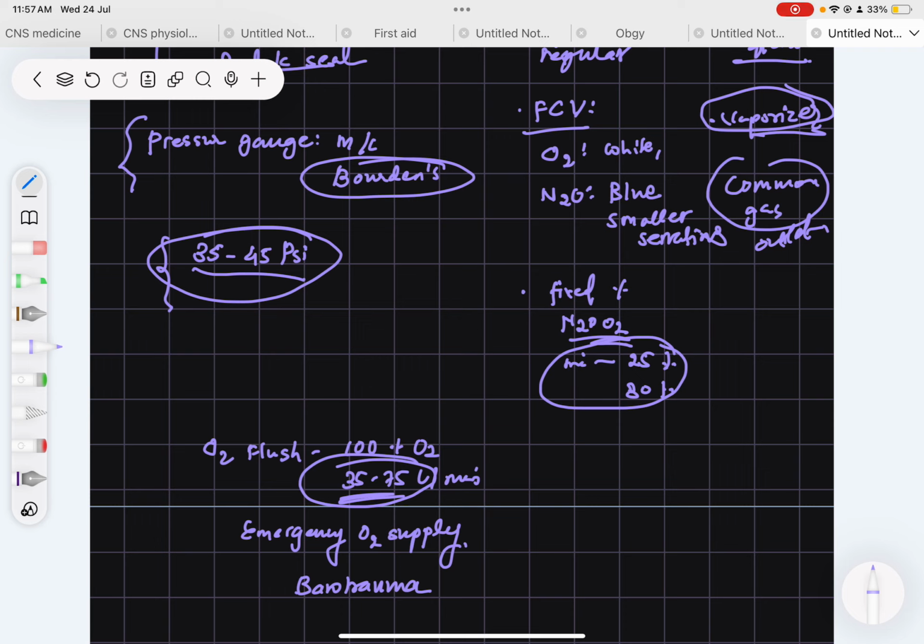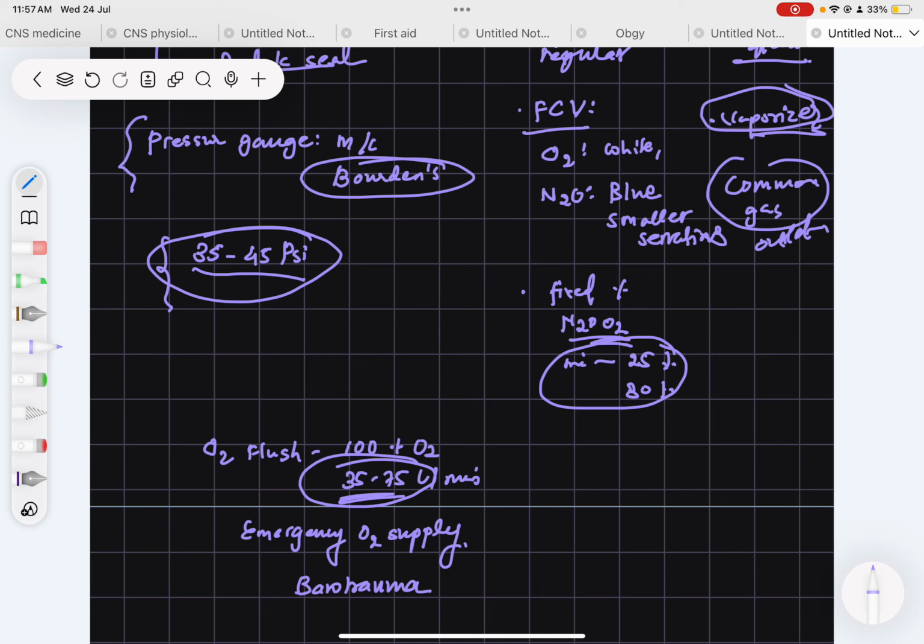So all of these things we are doing just for the patient to get better after the surgery, to reduce post-operative complications and the complications during the surgery, and for a better experience of the surgery for the patient as well as the surgeon.